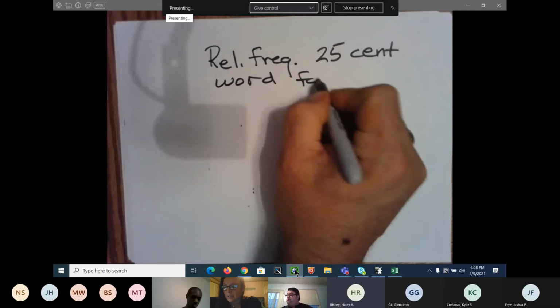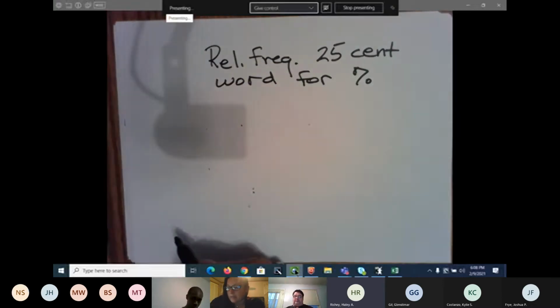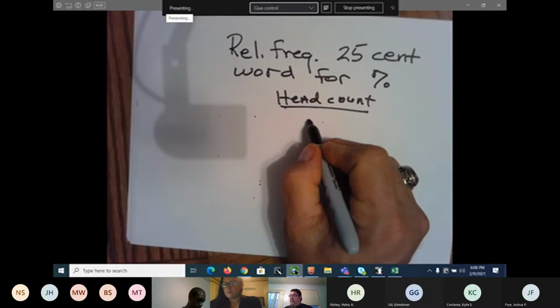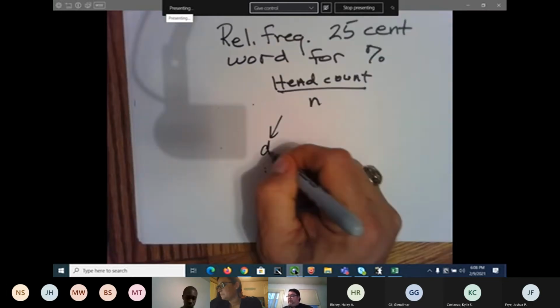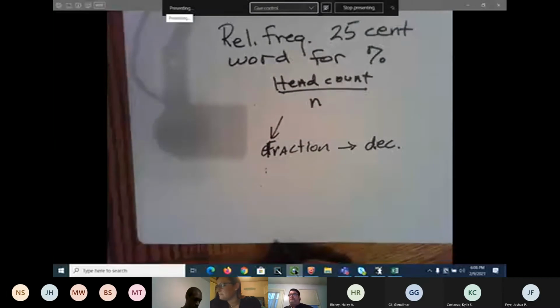It's where you take the frequency and divide it by the population, by N. You take each head count and divide by N. That will give you a decimal. It could give you a fraction, which you turn into a decimal because most of the time they want it as a decimal.